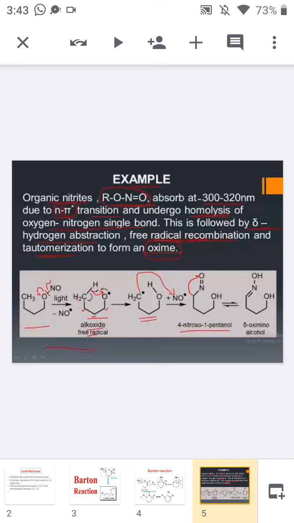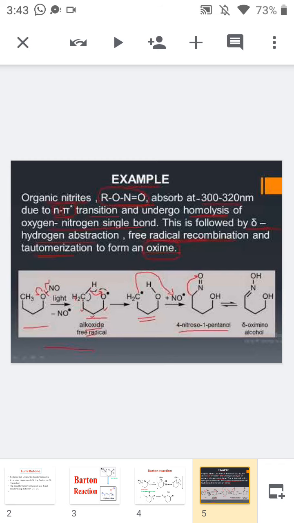This is followed by delta hydrogen abstraction, free radical recombination occurs, and tautomerization occurs to form an oxime as the product. Okay, so this is the Barton reaction.